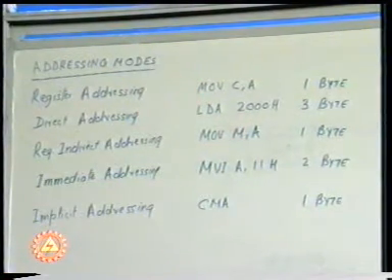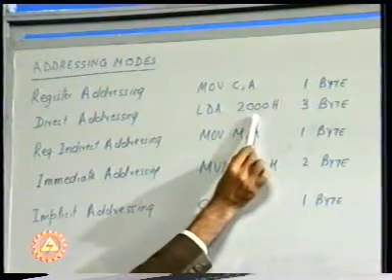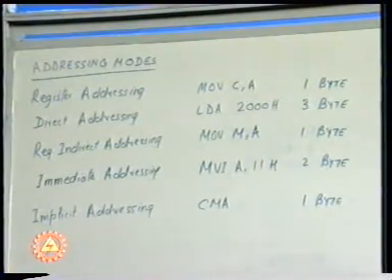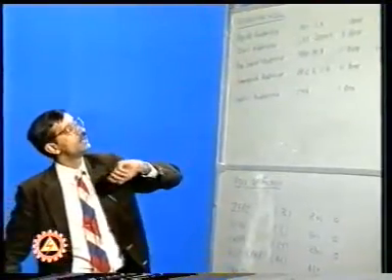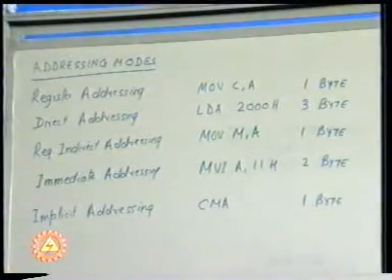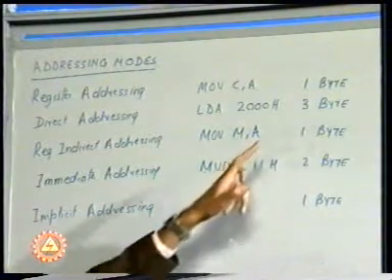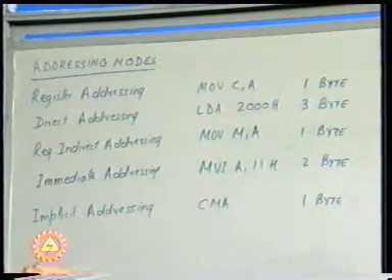This means the data is available at location 2000 and it has to be brought to the accumulator. If you look at this code, 2000 would require 2 bytes and LDA would require 1 byte. So this becomes a 3-byte instruction.